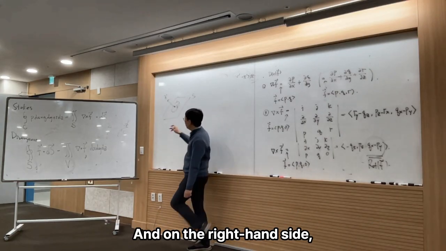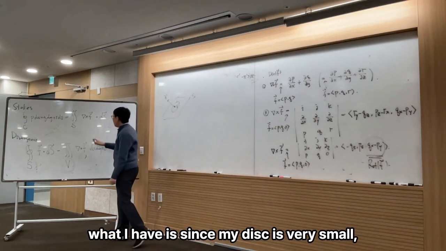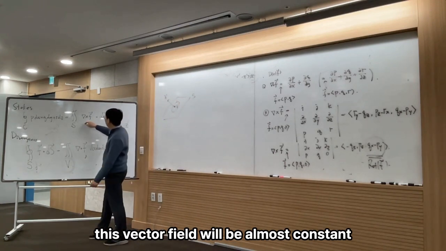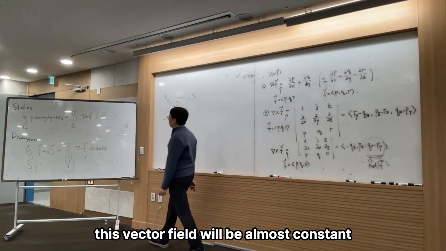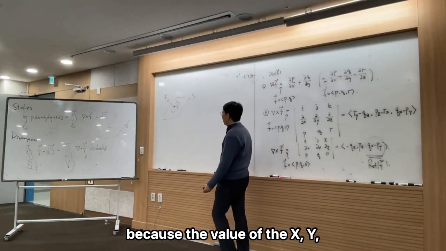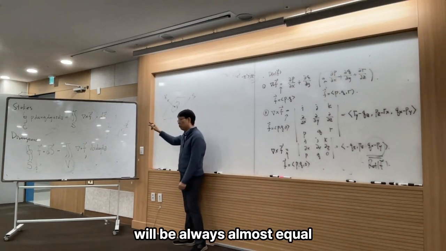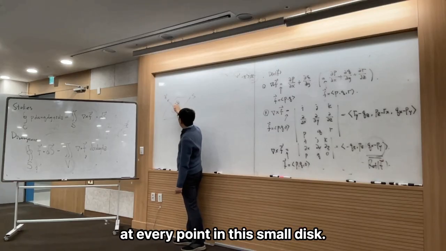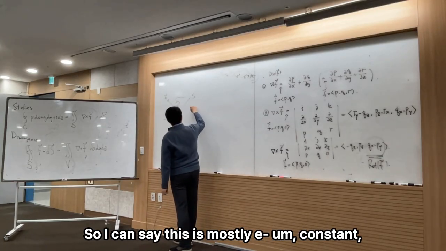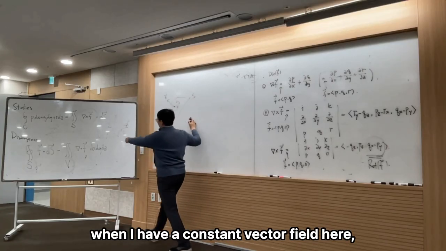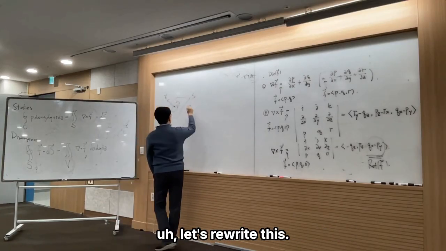On the right-hand side, since my disk is very small, this vector field will be almost a constant vector field, because the x, y, z coordinates will be almost equal at every point in this small disk. So I can say this is mostly constant. When I have a constant vector field, let's rewrite this.